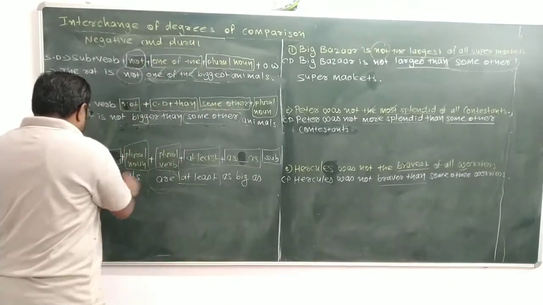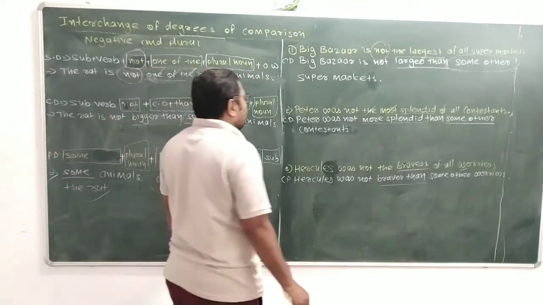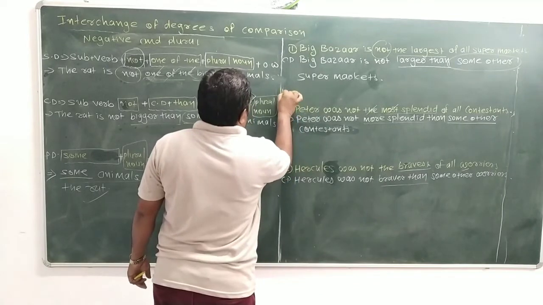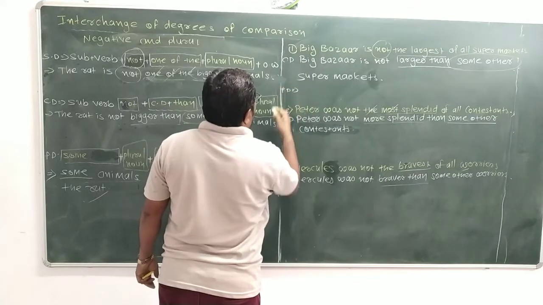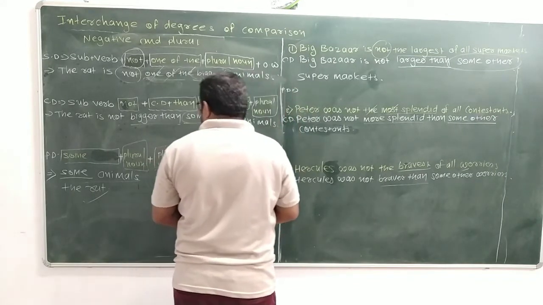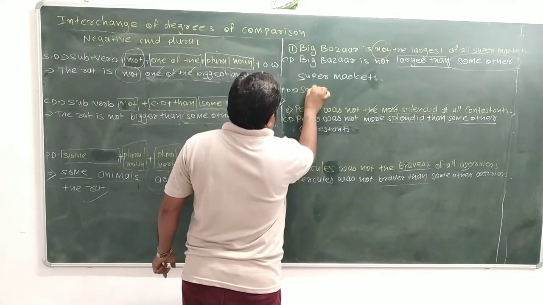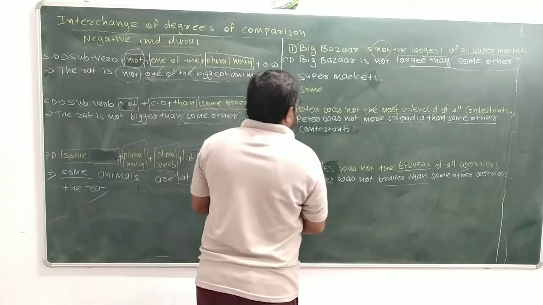Now we are going to make the positive degree. Before we start to make the positive degree, we have to write down some. What is the plural noun? Supermarkets.